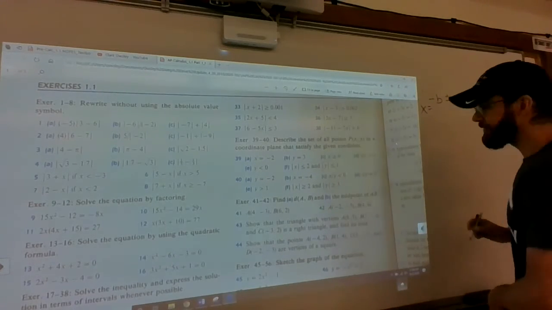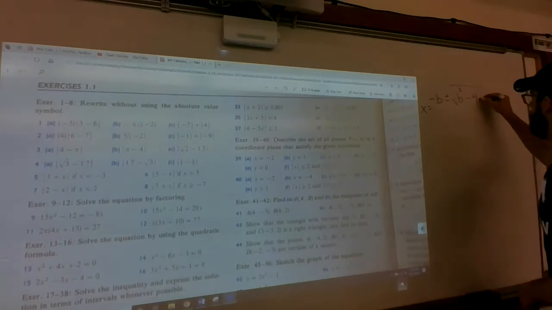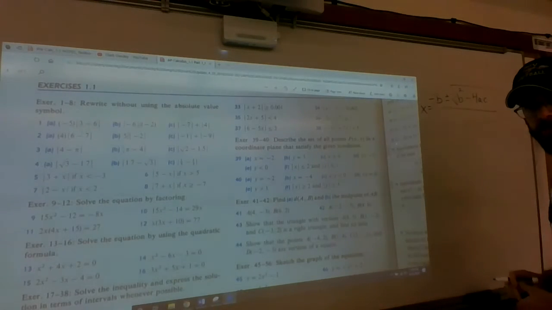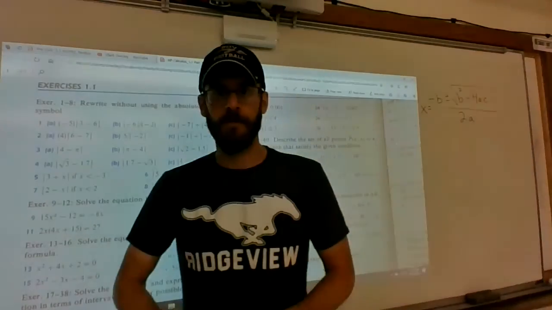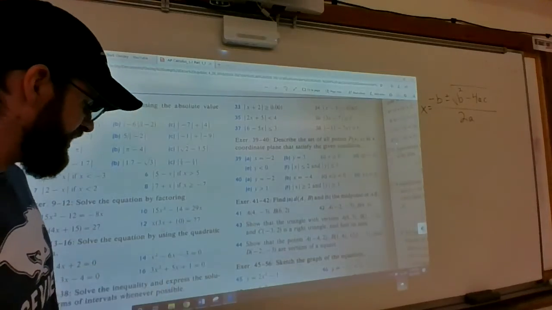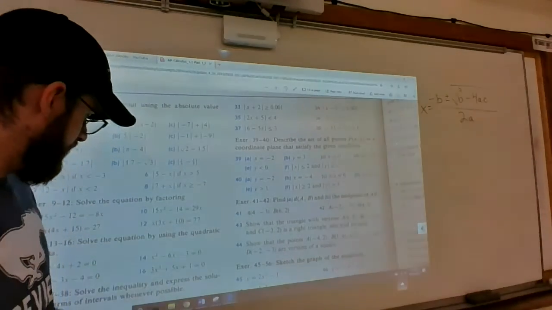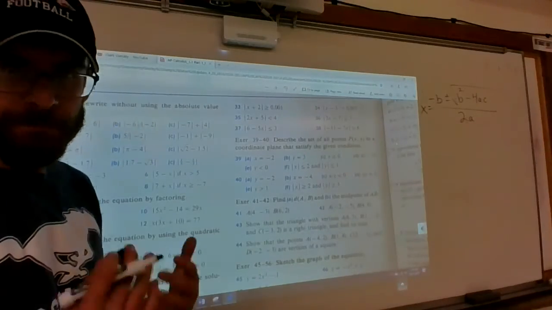Negative b plus or minus root b squared minus 4ac, all divided by 2a. You're just making sure that you have number 16 in standard form, which it is. You got 3 for a, 5 for b, 1 for c, and then plug in.